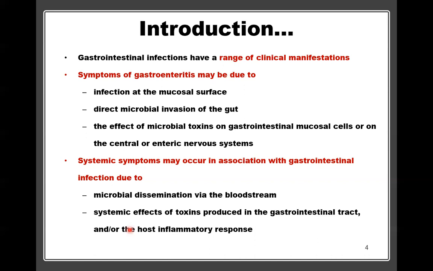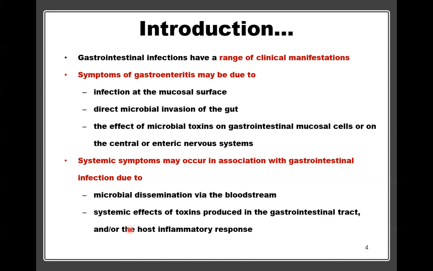At times, the microbes are not actually causing any problem, but the metabolites they produce, for example toxins, may actually compromise the function of the enterocyte. In that case, we say that they are enterotoxins. At times, these toxins are actually lethal to the enterocyte, so we say they are cytotoxic.